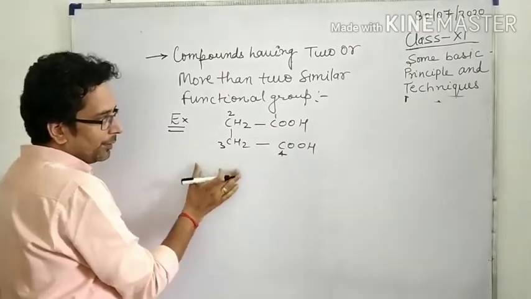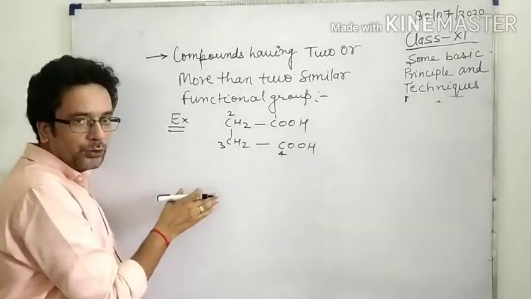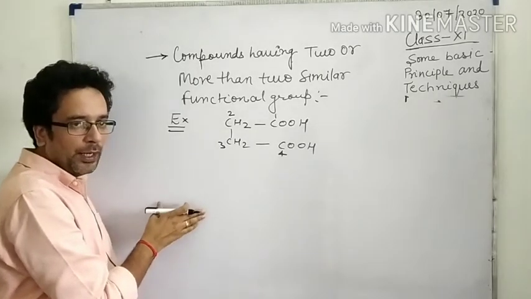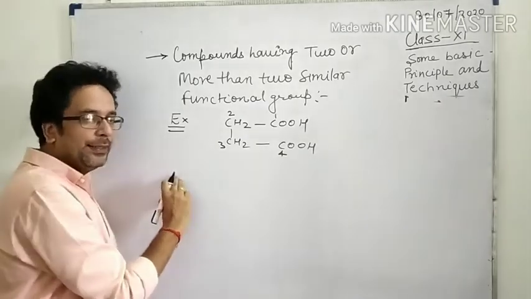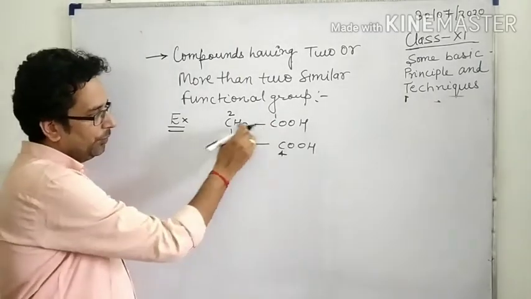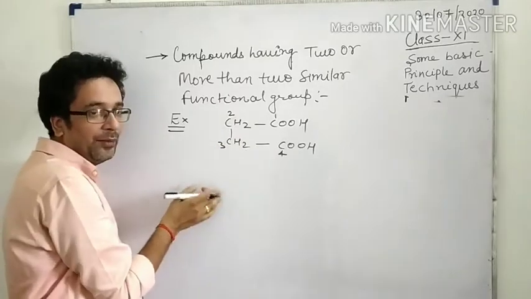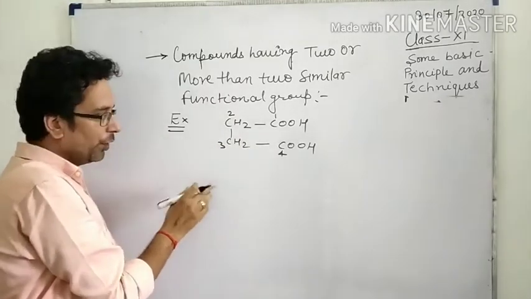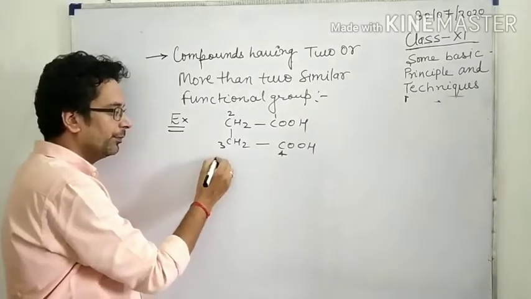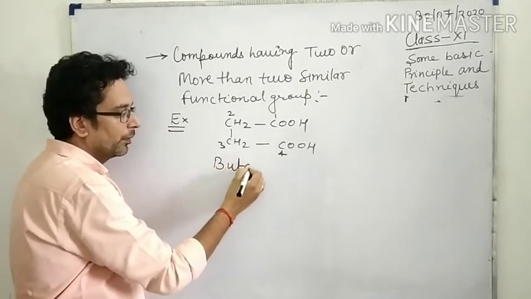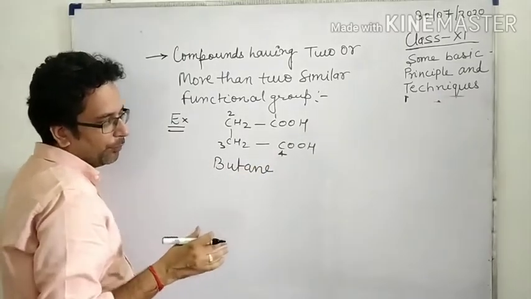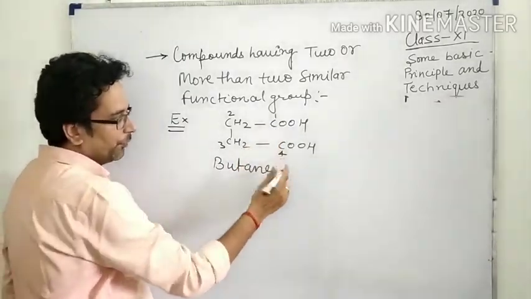In this case, when compounds have two or more similar groups, then you write the complete name for the total number of carbons, 1, 2, 3, 4. For 4 carbon we use but. You write butane. And the position of the functional groups is 1 and 4.